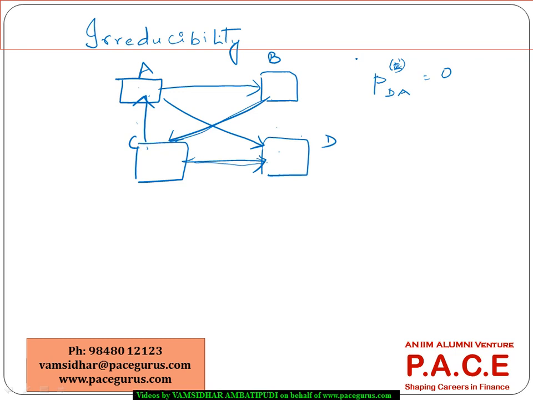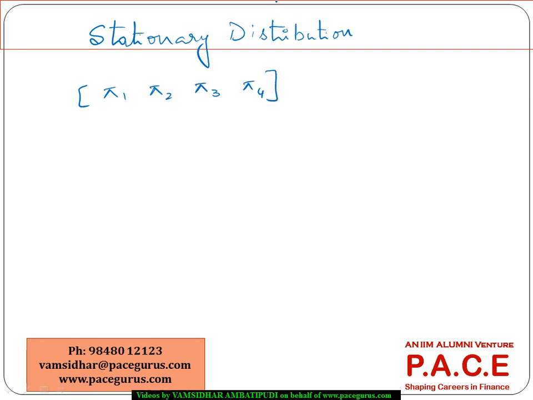Then whenever we are talking about stationarity, if the question is to find the stationary distribution, all I should look out for is this: start with pi 1, pi 2, pi 3, pi 4 being the initial probabilities.